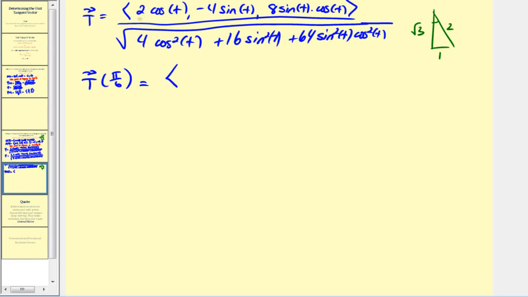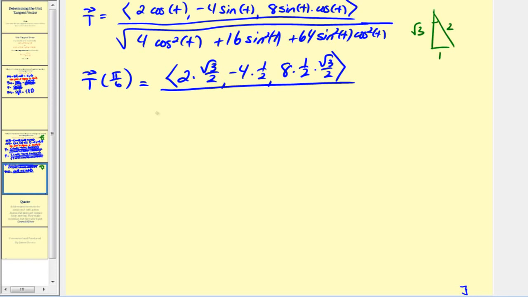So the x component is going to be 2 times cosine pi over 6. Cosine pi over 6 is going to be square root 3 over 2. So we'll have 2 times square root 3 over 2. For the y component, we'll have negative 4 times the sine of pi over 6. That will be 1/2. And then here we're going to have 8 times sine of pi over 6, that's 1/2, cosine of pi over 6 will be square root 3 over 2.